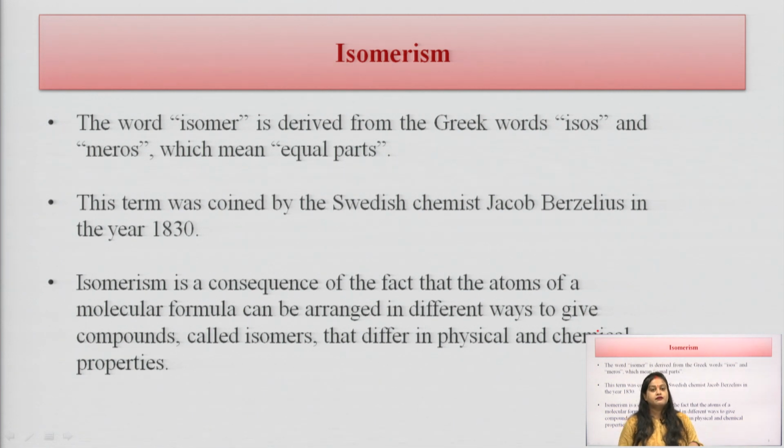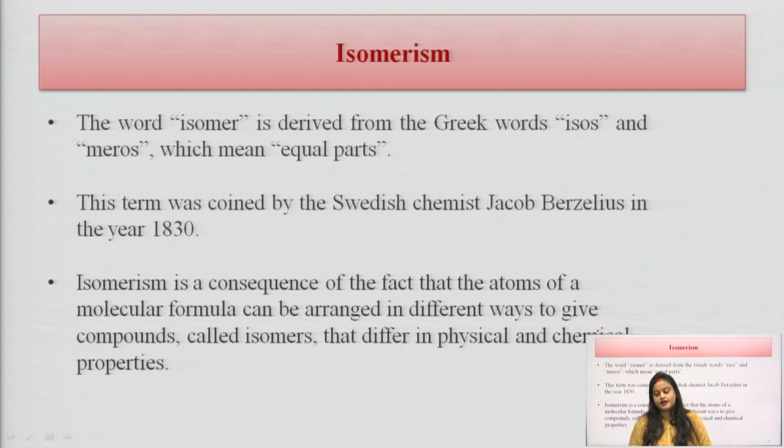This term was coined by the Swedish chemist Jacob Berzelius in the year 1830. आइसोमेरिज्म को स्वीडिश केमिस्ट जैकोब बर्जिलियस ने 1830 में फाउंड किया था.